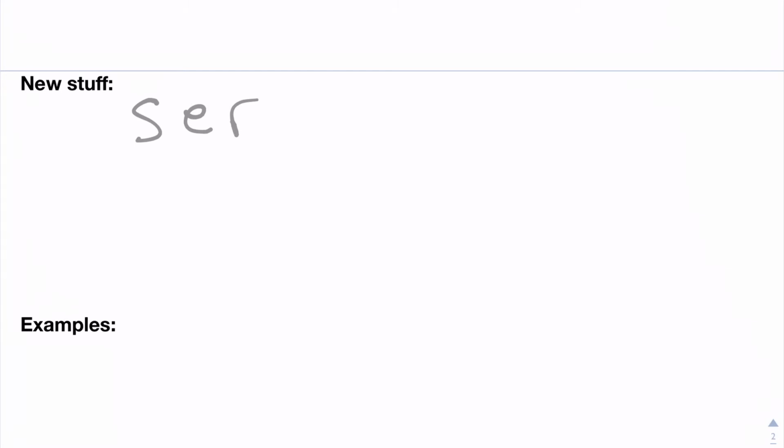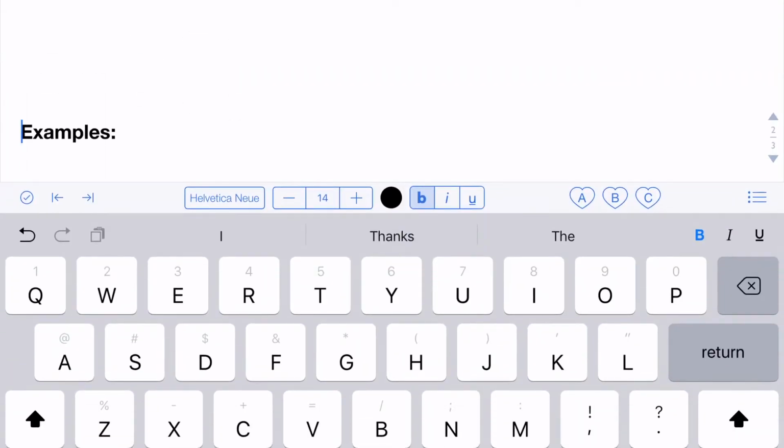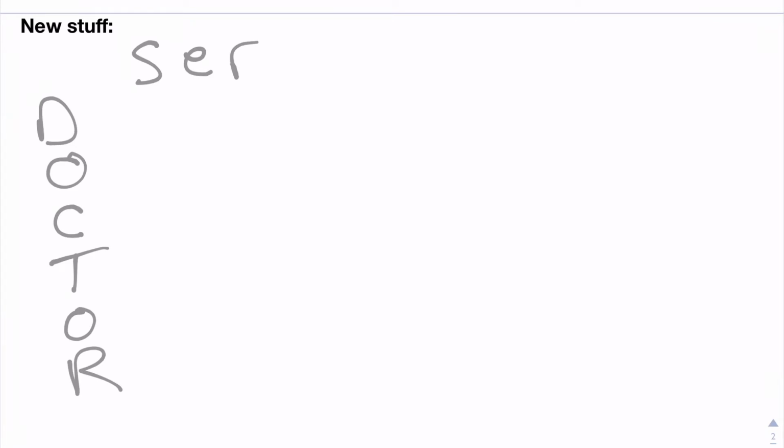And I'll start with ser. So we will use ser with the acronym doctor. Okay? So that means that we'll spell out doctor here, and each letter is going to represent something.